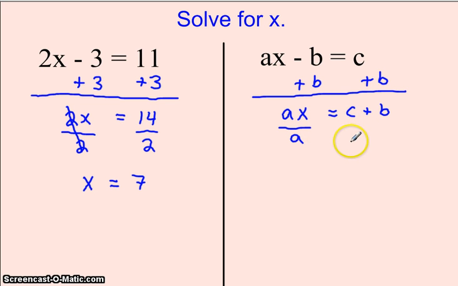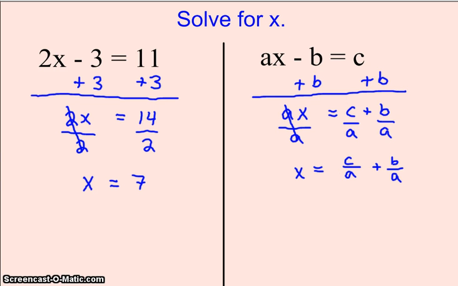And you could do this in a couple different ways. I'm going to show you this one way. I'm going to divide every term by the a. Well, the a's cancel out here, and we're left with x is equal to c over a plus b over a.